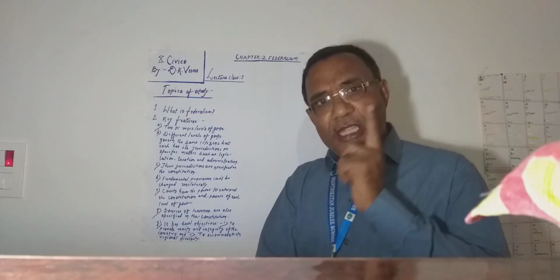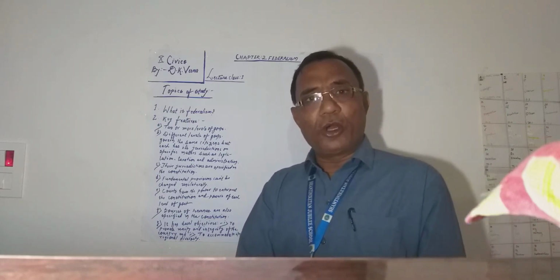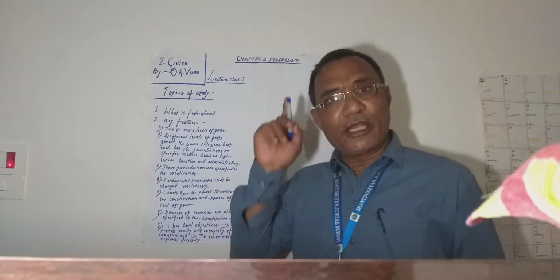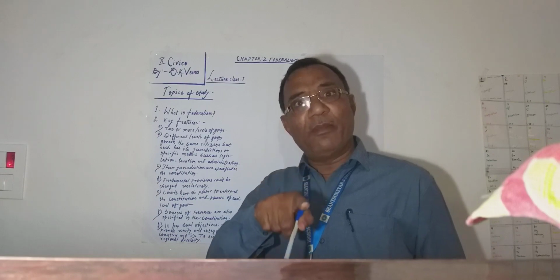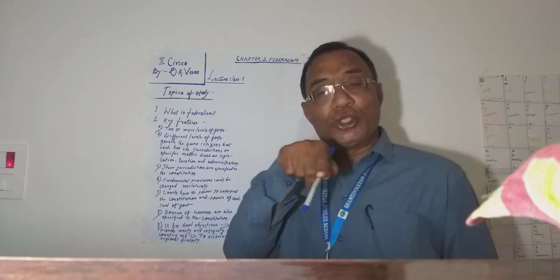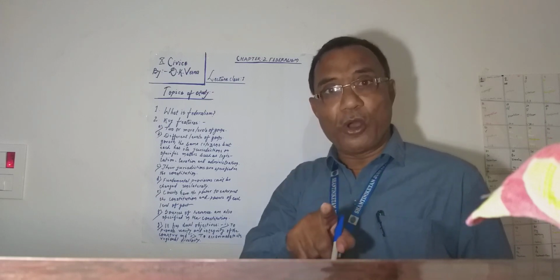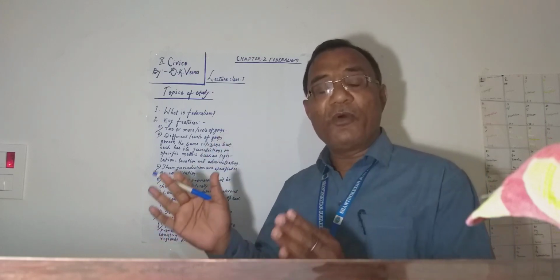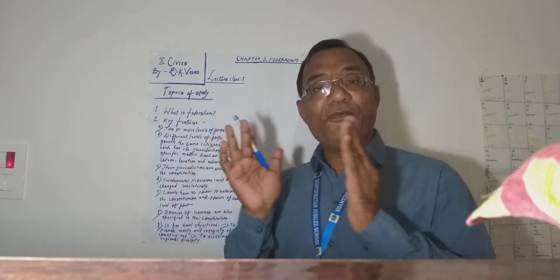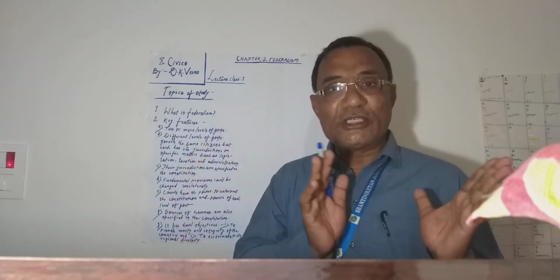So, in our federal system of government, sources of revenue are specified in the constitution in favor of the central government as well as the state governments, so that there could be no problem in the functioning of our federal system.